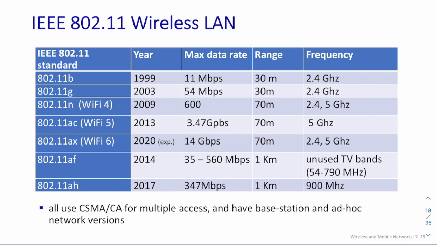They are future standards. All of them use the CSMA/CA mechanism for multiple access, because in a wireless environment, multiple access is usually the most important thing you have to consider to design such a wireless protocol. And they both have base station mode and ad hoc mode.